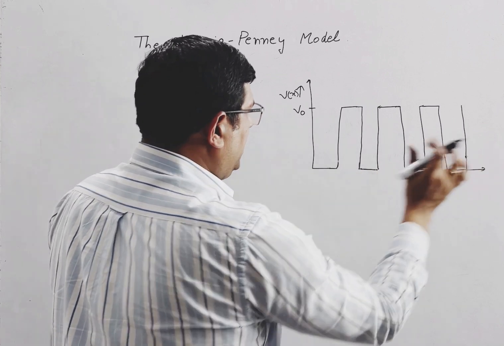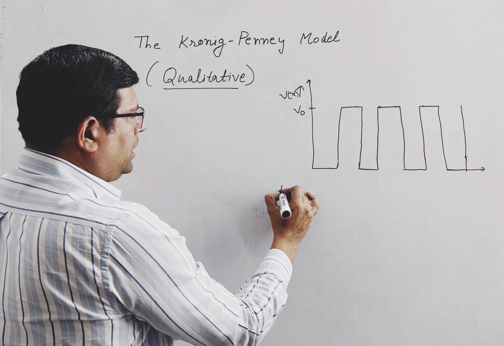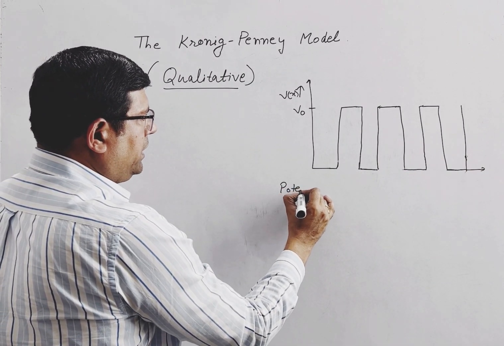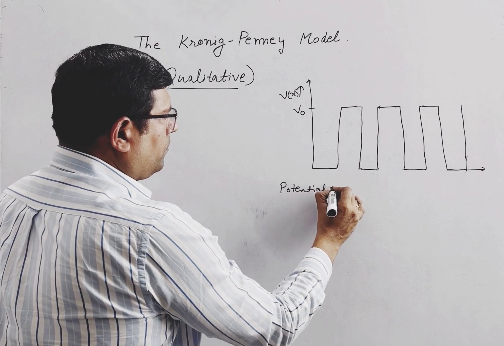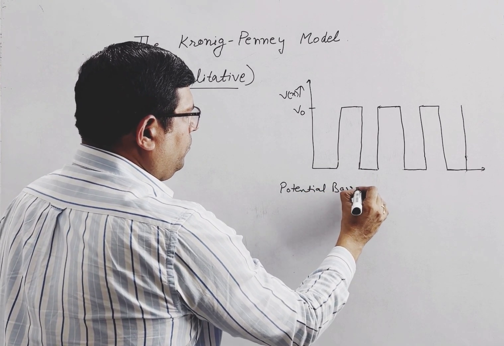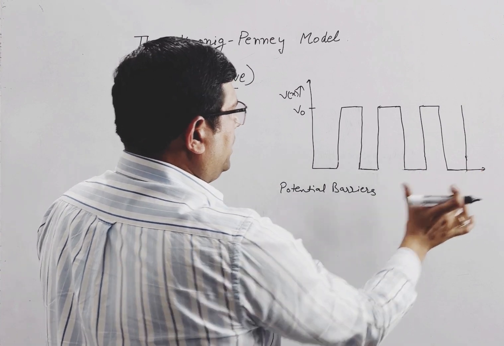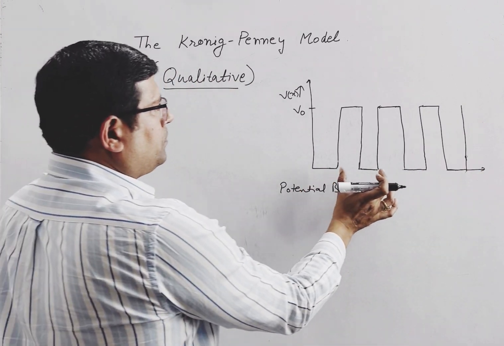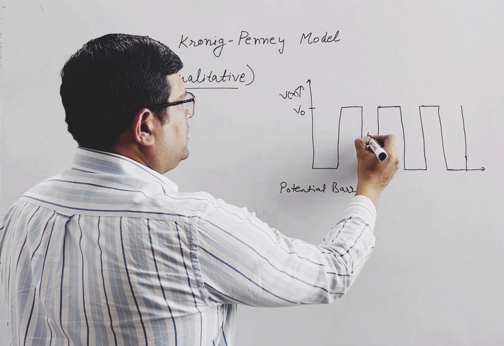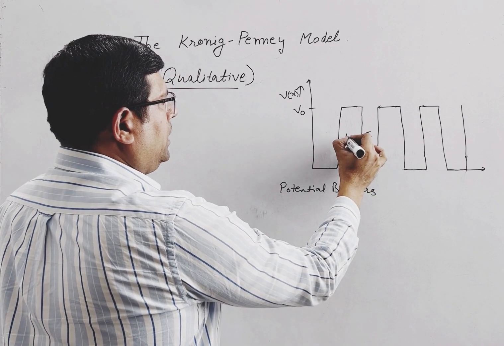They are periodic in nature, or you can say rectangular potential barriers. They are repeating after some distance. Suppose this is region 1 and region 2.